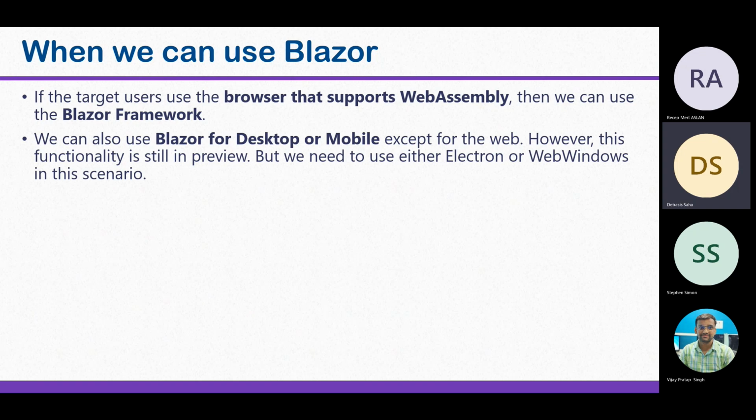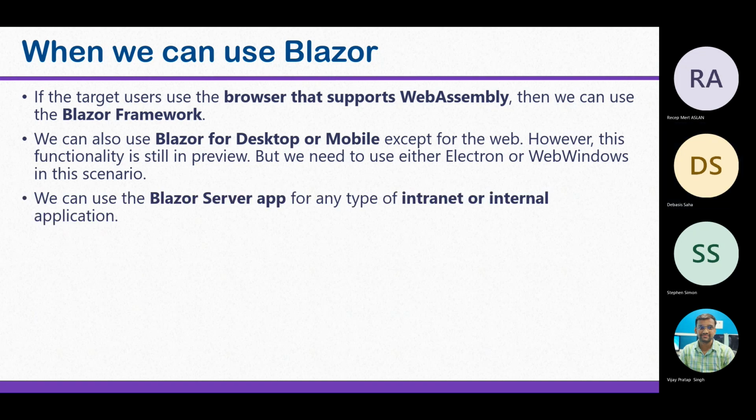Right now in .NET 6 this is not available, and it is available in the .NET preview versions. But we need to use either Electron or WebWindow in this scenario.